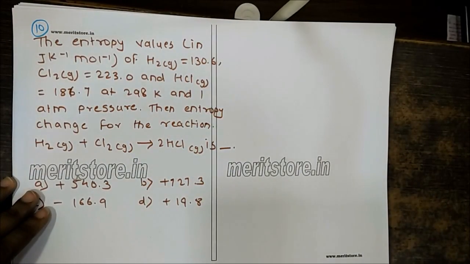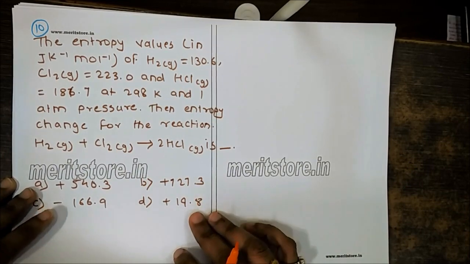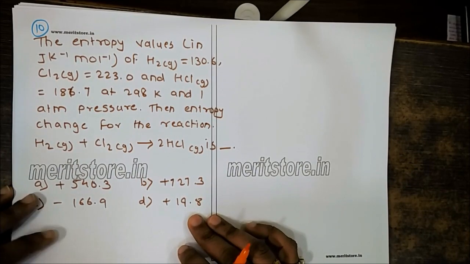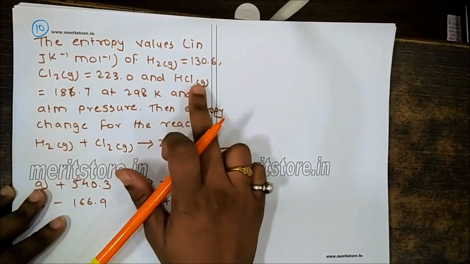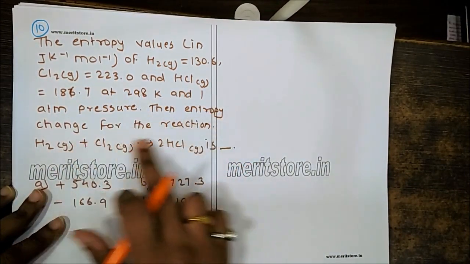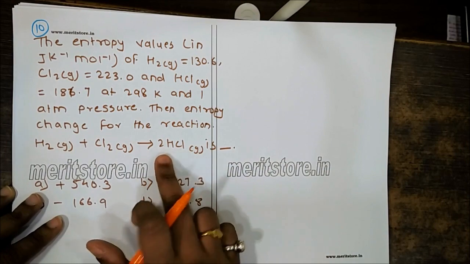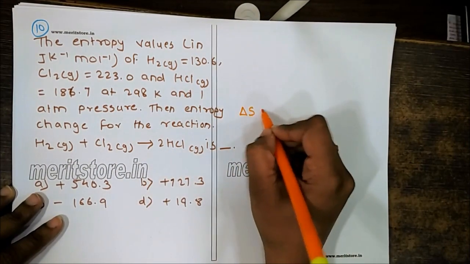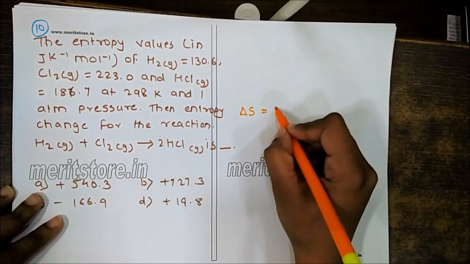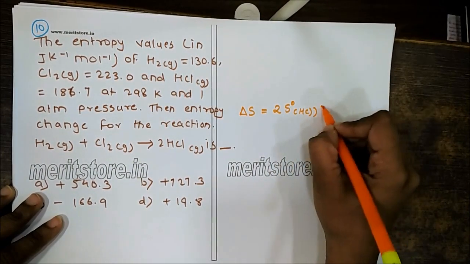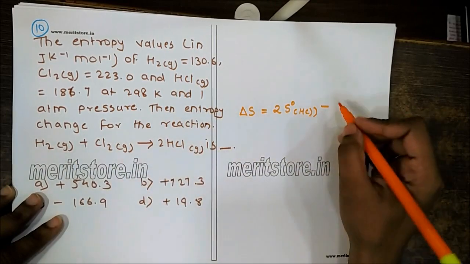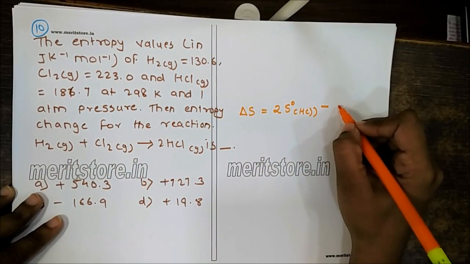Question number 10 is the entropy values in Joule per Kelvin per mole for the hydrogen, chlorine and HCl are given. Then the entropy change for the reaction we have to calculate. Now for the reaction, delta S entropy is nothing but the twice of entropy of HCl minus we have to subtract for the reactants.